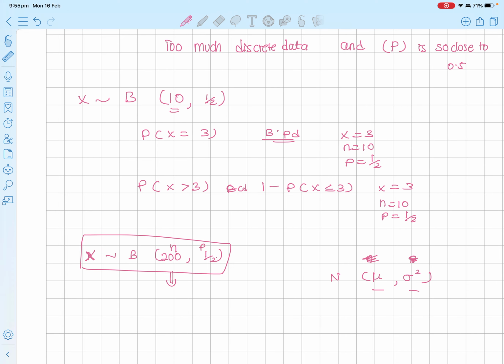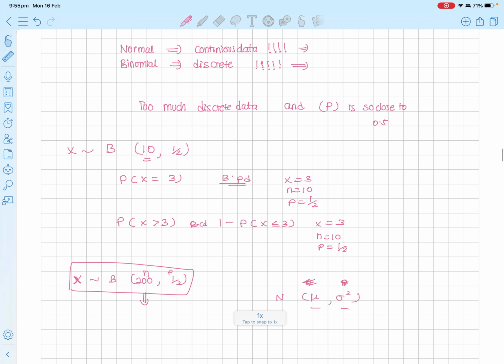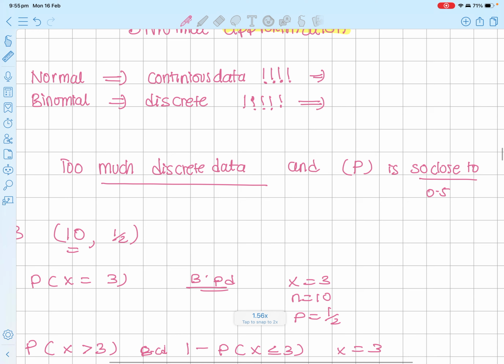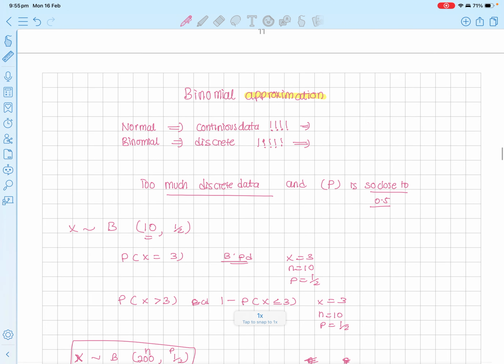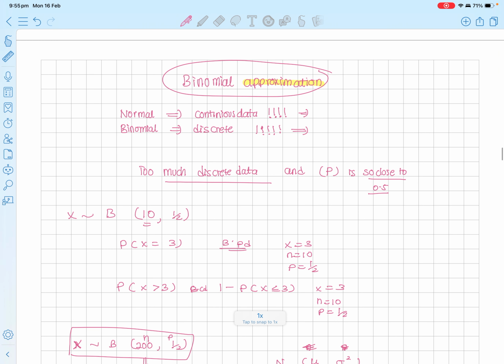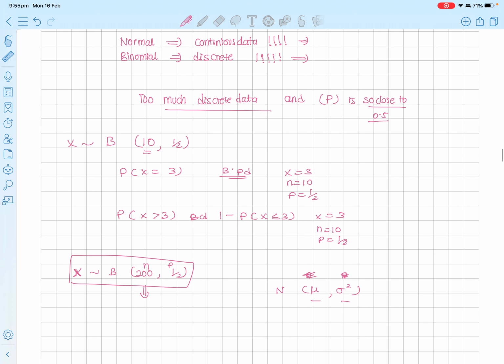So the rule says if there's too much data, and if the probability is close to 0.5, we can use an approximation technique to convert the data from a binomial to a normal distribution, and do the question as a normal distribution.